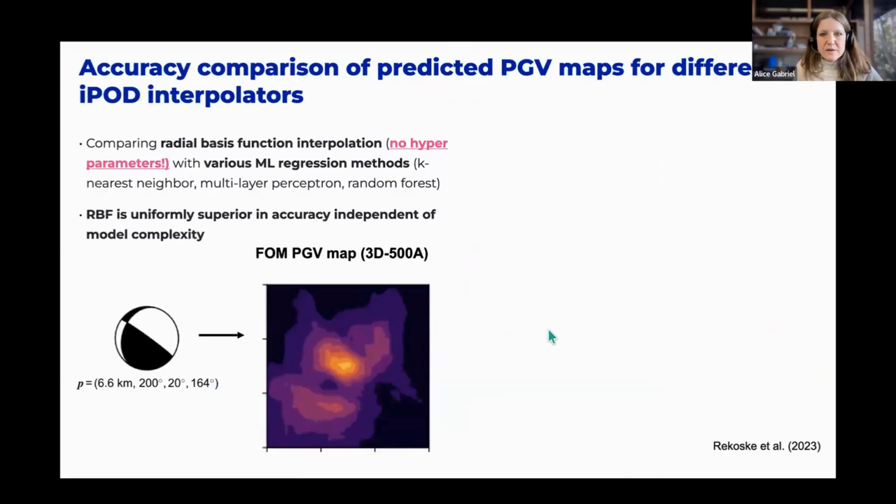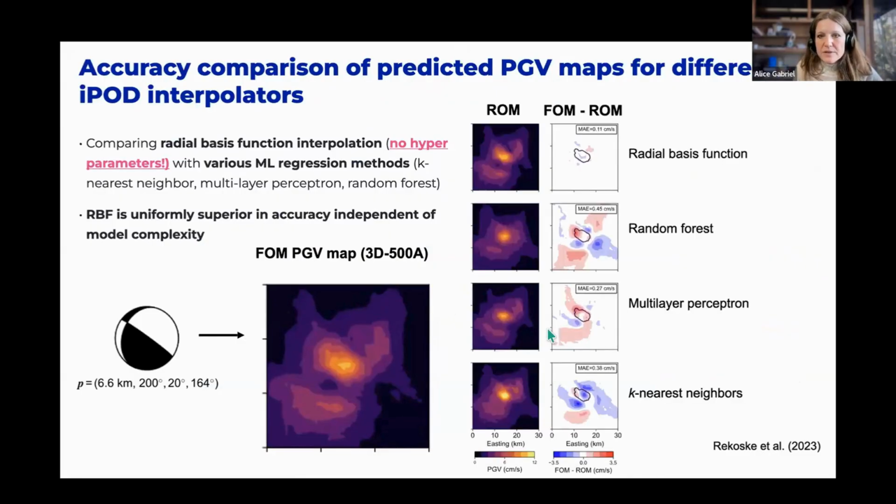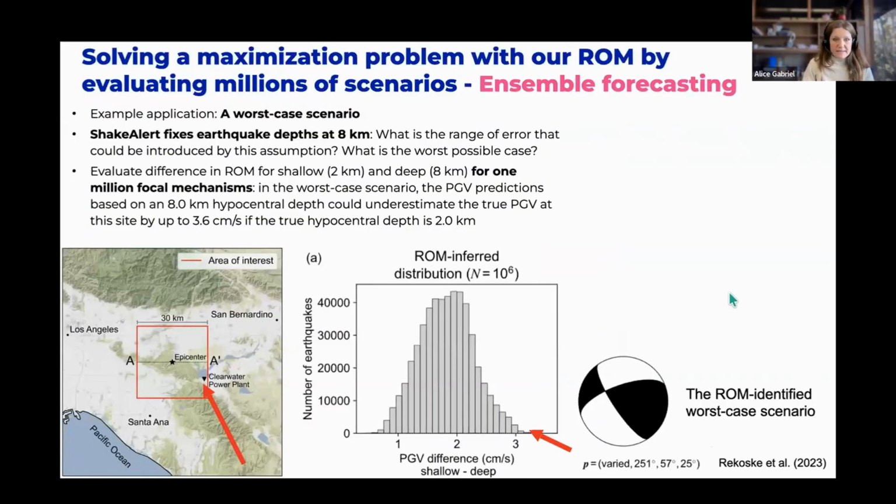What's really interesting is if you're comparing different machine learning approaches to interpolation, for example, random forest, multilayer perceptron, k-nearest neighbors, with radial basis functions, we can see that this classic approach is superior in accuracy, independent of how complicated our forward simulations are.